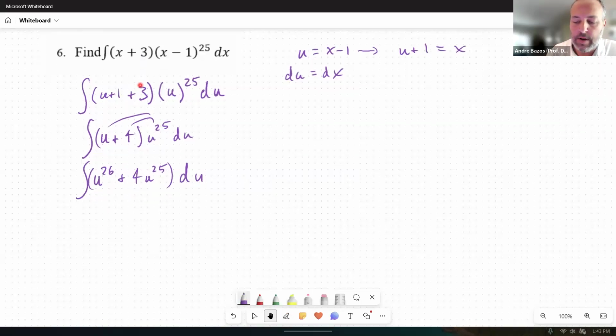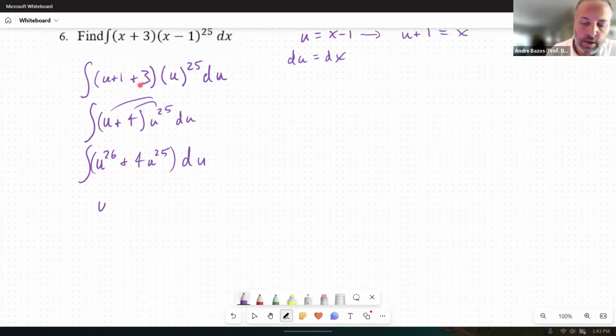Now it's just power rule, so I can do this. So this is u to the 27th divided by 27 plus 4u to the 26th divided by 26. I think a 2 can come out of here and here. And plus c.